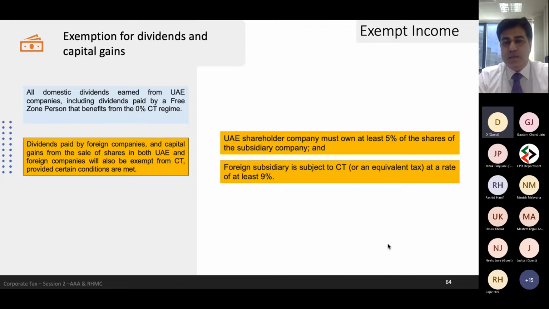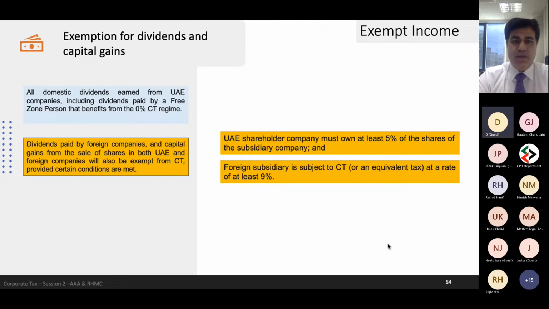If the subsidiary is not subject to corporate tax or is subject to less than 9% corporate tax, you cannot take this exemption of dividend from a foreign company. So both points have to be looked at. The first condition is that ownership should be at least 5%. The second condition is that the entity from which you're getting a dividend or capital gain should be subject to at least 9% tax.